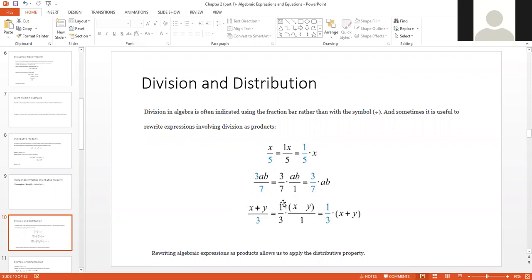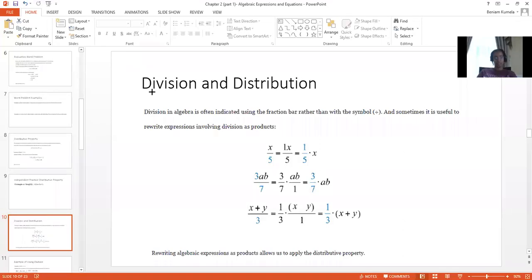So we can take out the 1/3 from the bottom and make it into a fraction and then distribute it. By rewriting the algebraic expressions as products, 1 over 3, it allows us to apply the distributive property. So now we can do the inner and outer thing.